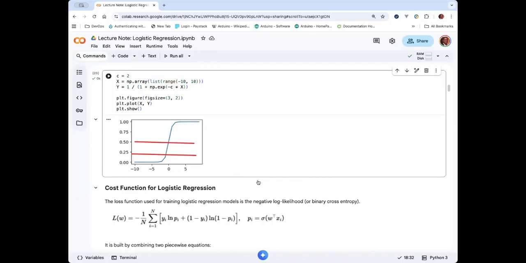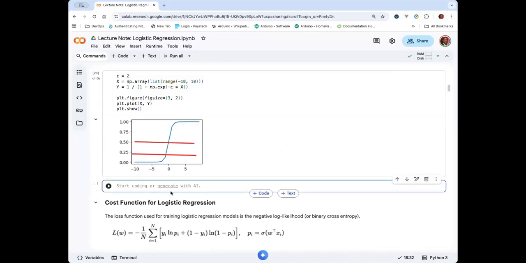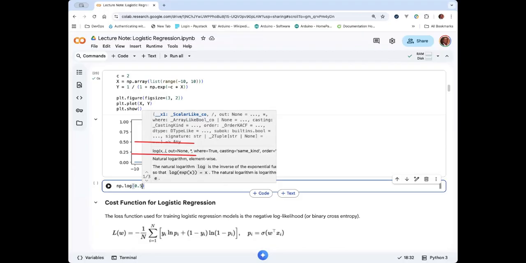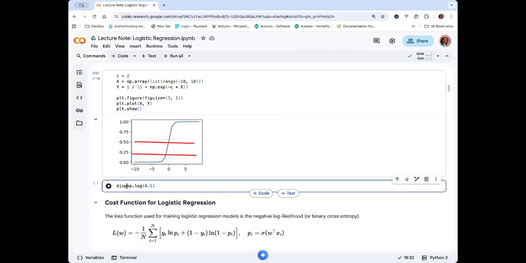Let me just add a little bit of code here. So if you do a log of 0.5, and then we'll do a log of 0.25.